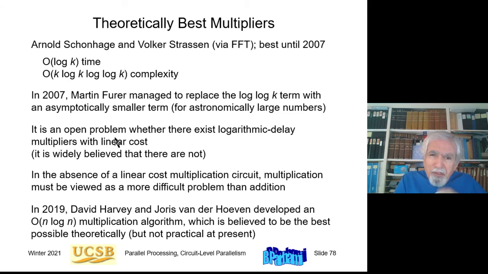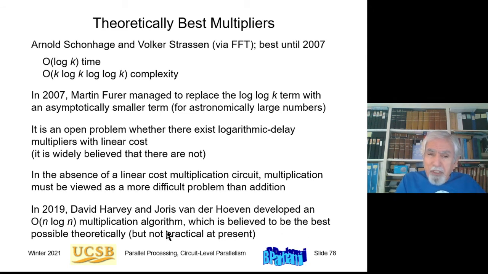But nobody knew how to do it until 2019, when Harvey and van der Hoeven developed an order n log n multiplication algorithm, which is believed to be the best possible. In other words, we don't even know yet that this is the best possible, but people suspect that we probably cannot do better than order n log n, so multiplication remains more difficult than addition, even with the best possible algorithms.